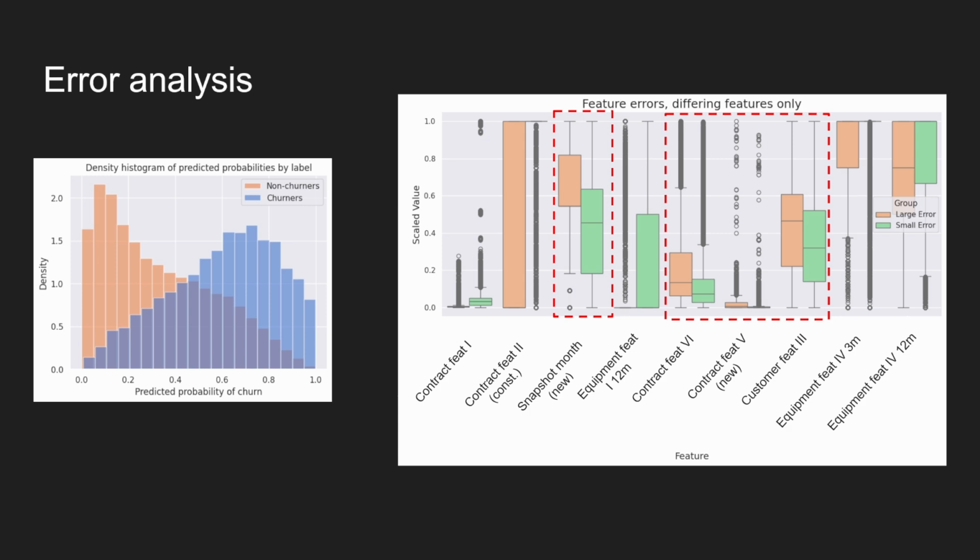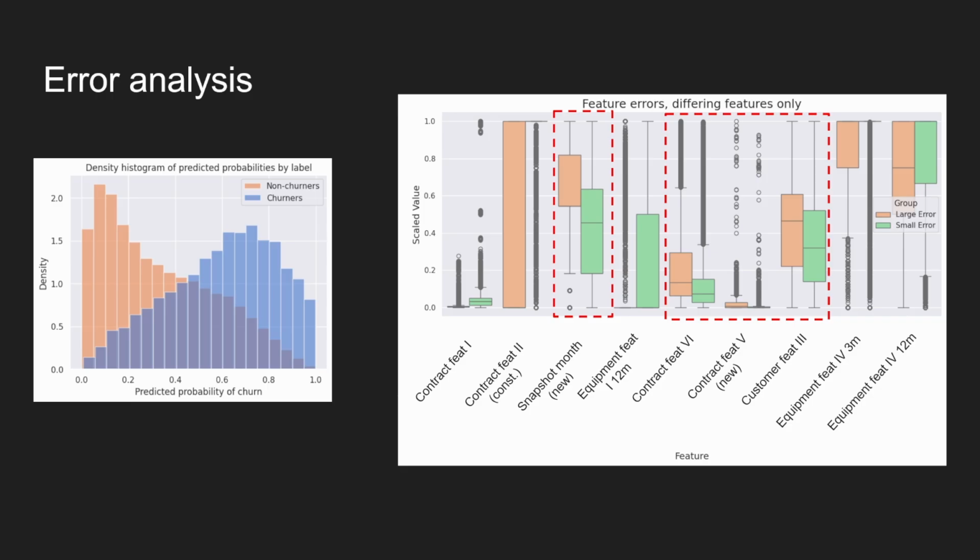After calculating the prediction error, I identified two groups: the large error group, where the error was greater than or equal to 0.8, and the small error group, with a prediction error of less than or equal to 0.2.